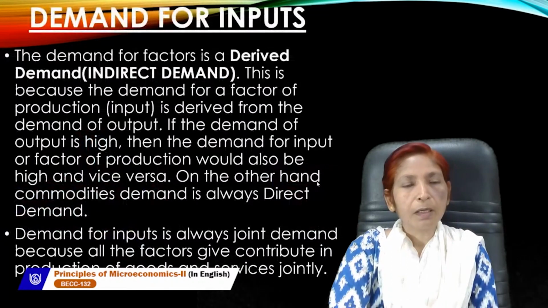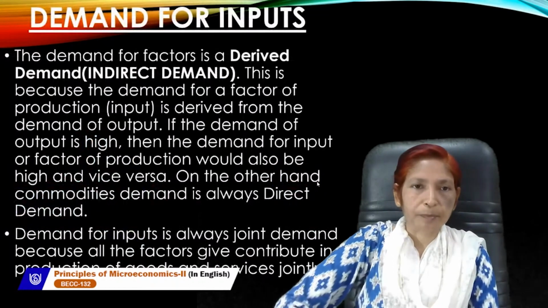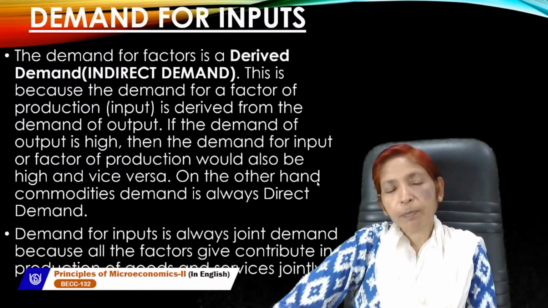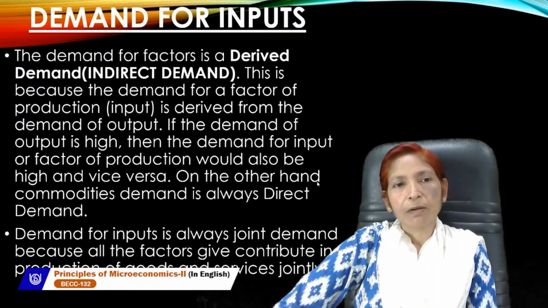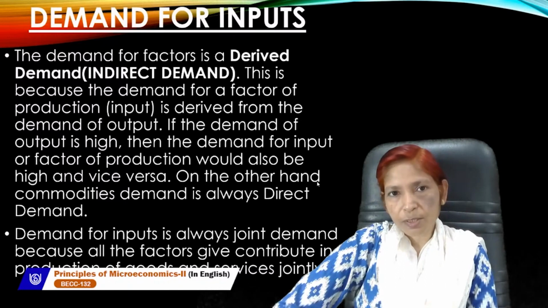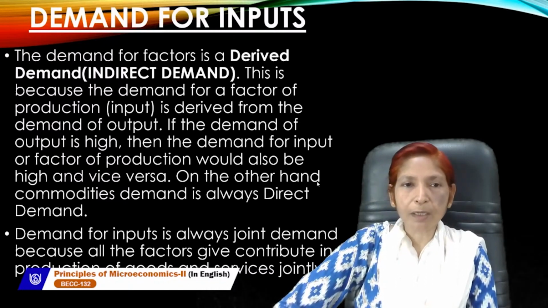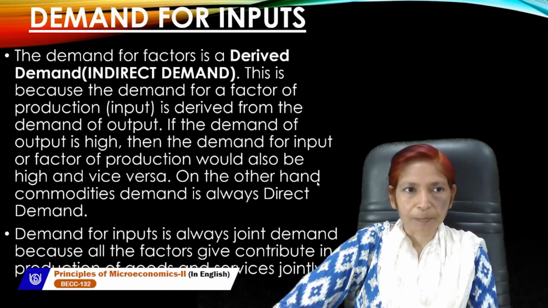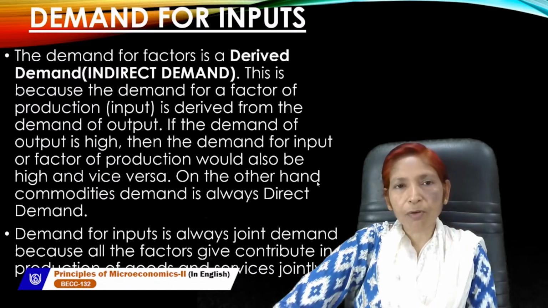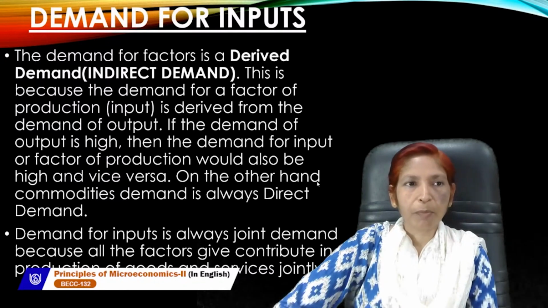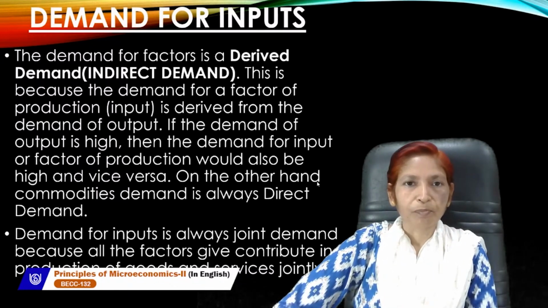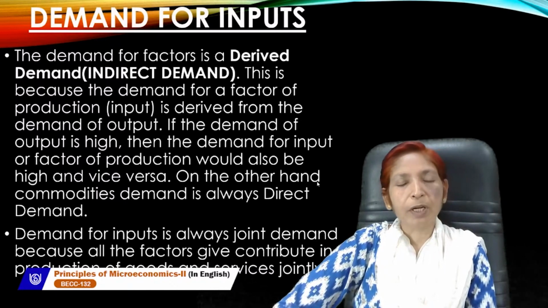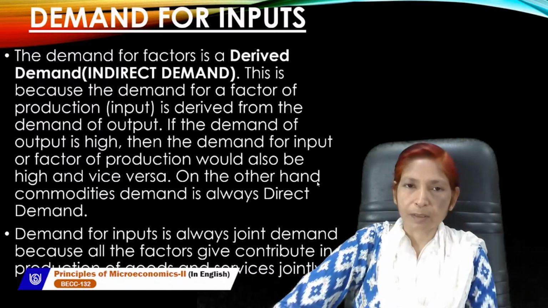Next is demand for inputs. Why do people demand inputs? Same as demand for goods, input is also demanded, by the producer sector. We generally demand goods. Demand for goods is related with the consumer, but demand for inputs is related with the producer, because the producer produces goods and services.